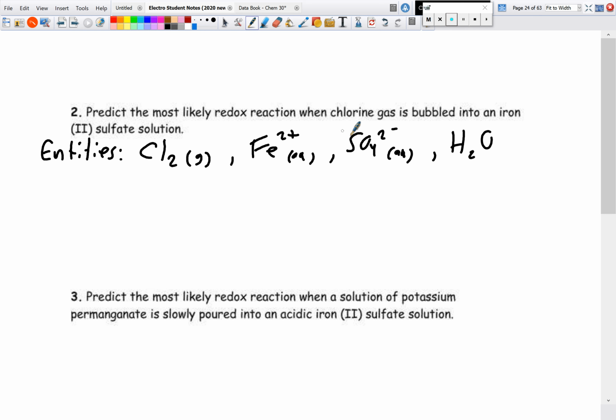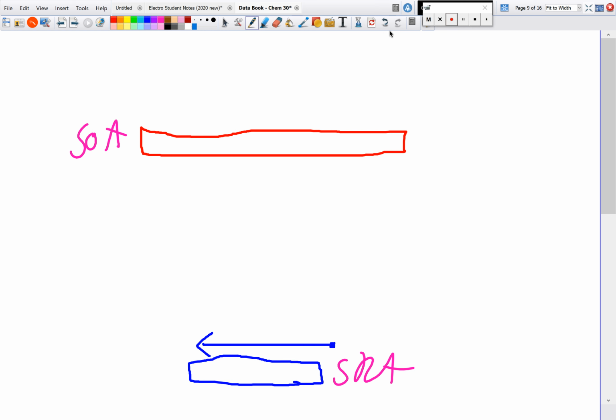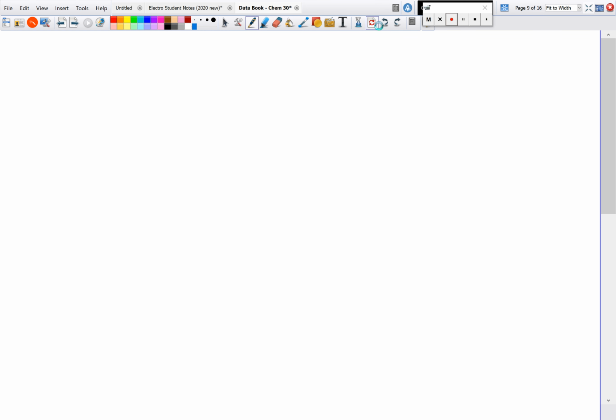Now, as for these here, determining if something is going to be an oxidizing agent or a reducing agent, same thing. You want to go through, use your data booklet and see if you can find them.